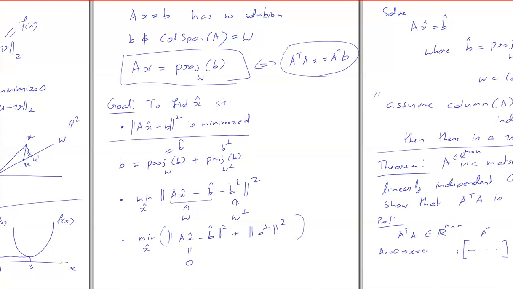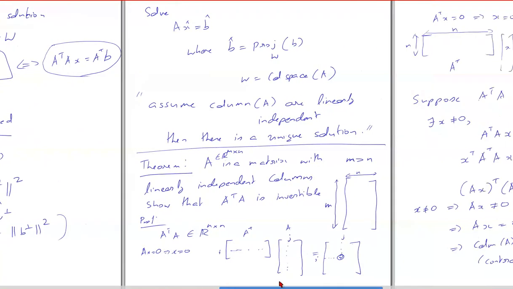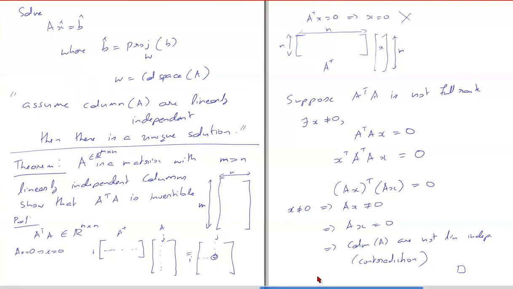Sir, for the last theorem, we proved that A transpose A is invertible. We can have another approach, right? Okay, sure. Suppose U and V are two vector spaces, the dimension of V is m and the dimension of U is n.